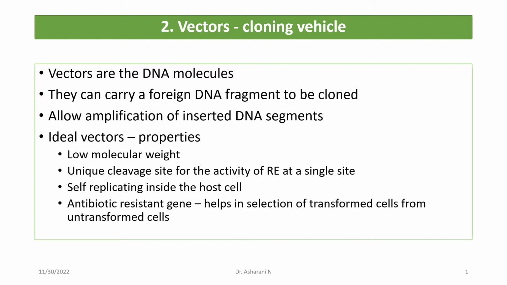So this antibiotic resistant gene helps in selection of transformed cells from untransformed cells. But very rarely we can have all these in one vector, but we can always modify the vector to have all these properties.